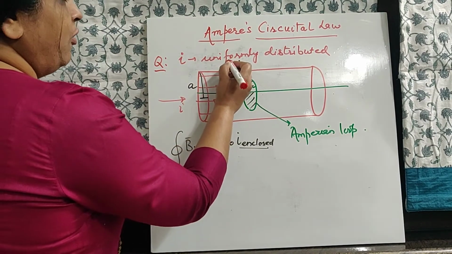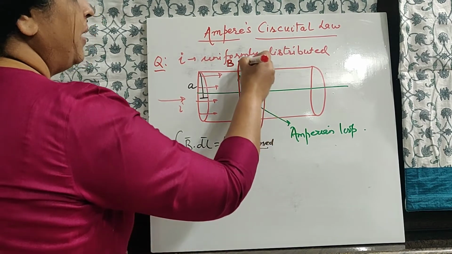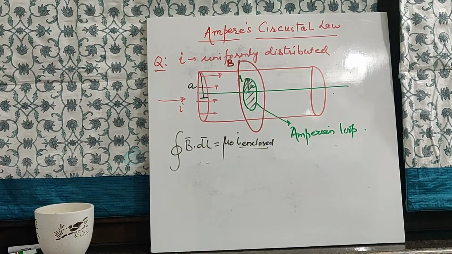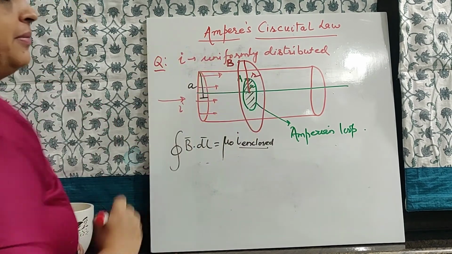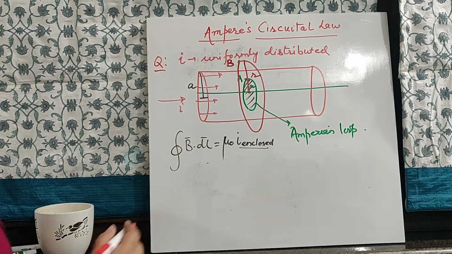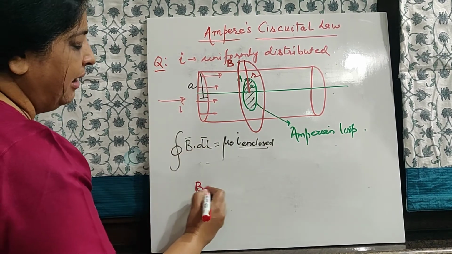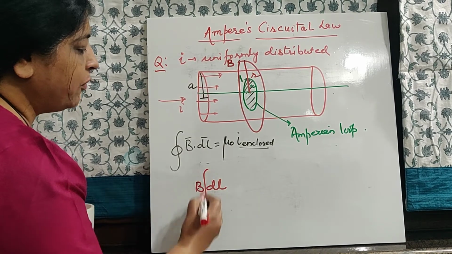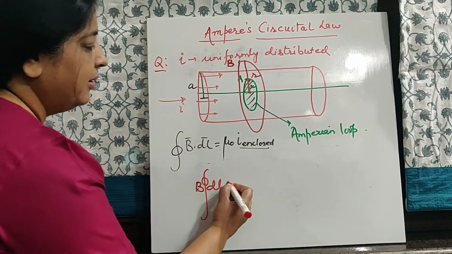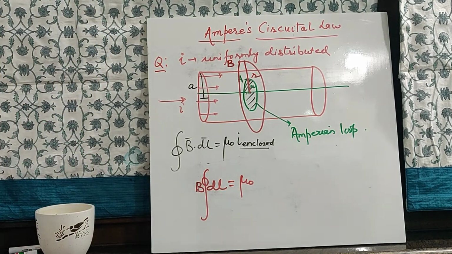Now in order to find out the magnetic field at this point, we will take another Amperian loop like this, and the radius of this Amperian loop will now be R. Right? Now B dot dl, again the same thing, B dl cos 0, and B is constant, so we'll have this. This is equal to mu naught times the current enclosed.